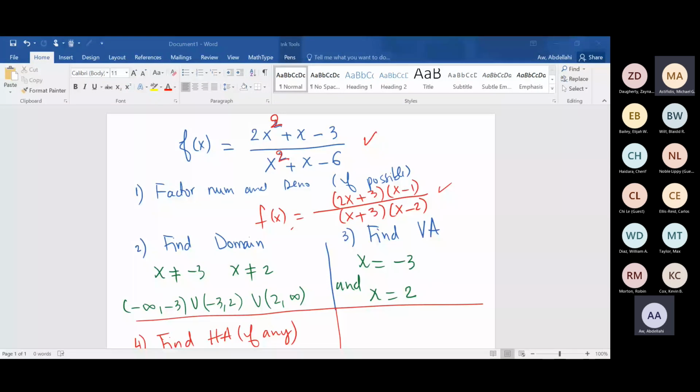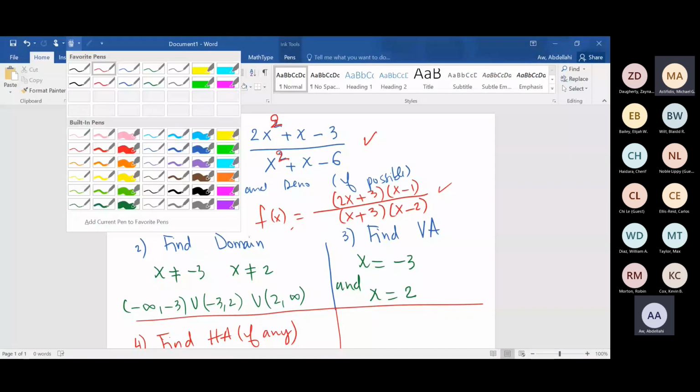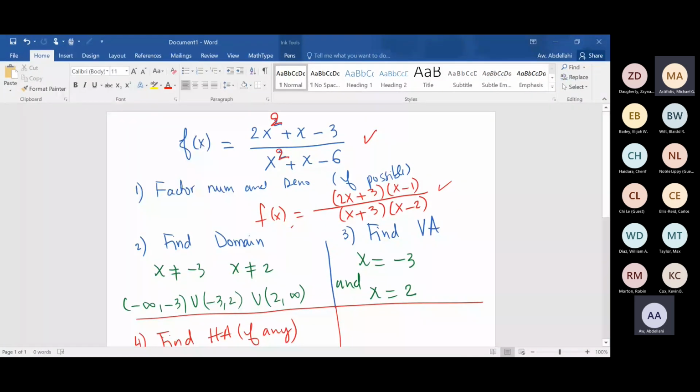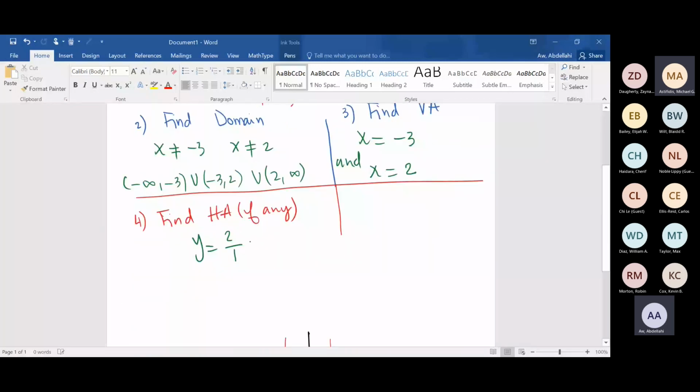We said if the degrees are the same, there is a horizontal asymptote, right? And it is given by y equals the division of the leading coefficients, 2/1. So y equals 2/1, which is y equals 2, is the horizontal asymptote.